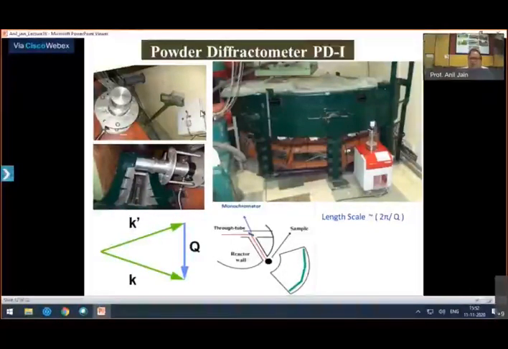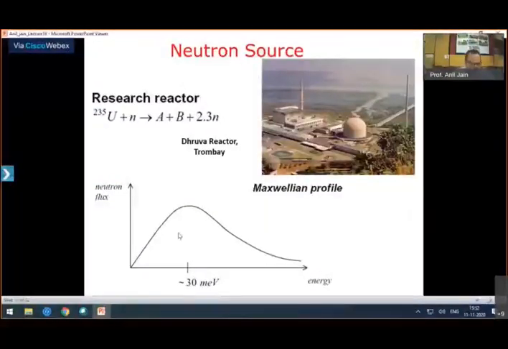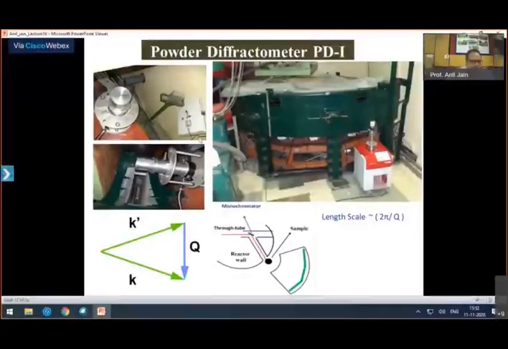Out of the Maxwellian, this selects a particular wavelength of the neutrons, only a slice of the Maxwellian, and this falls on our sample. So here is the place from where we have the monochromatic neutrons.